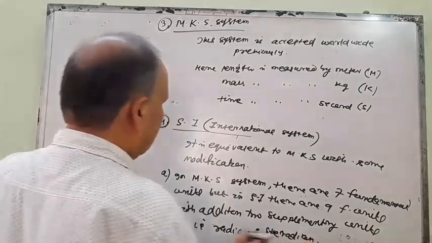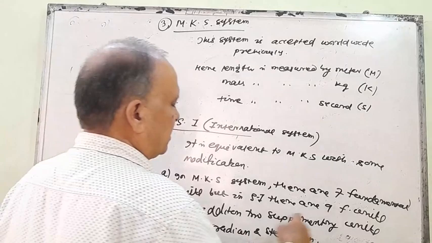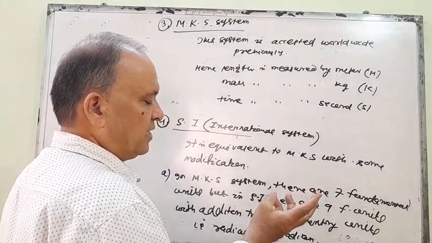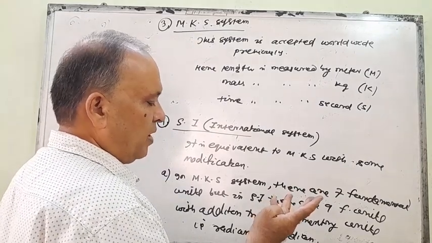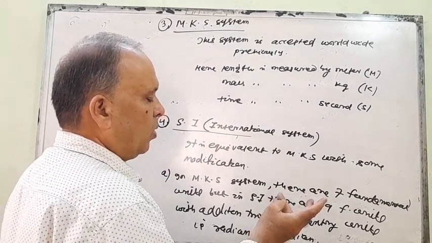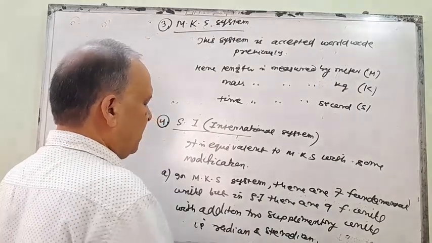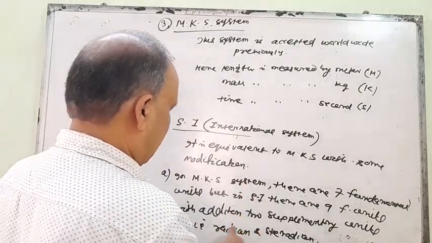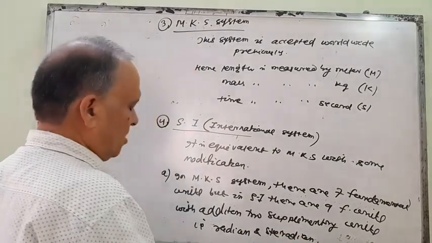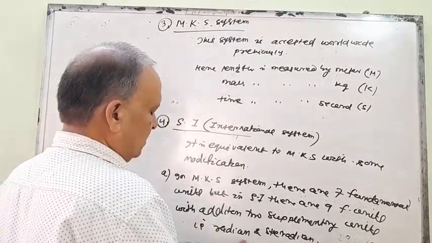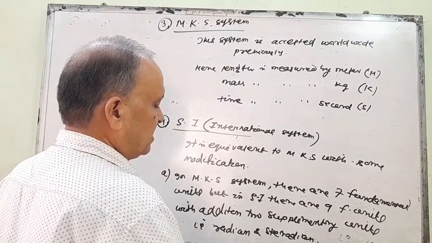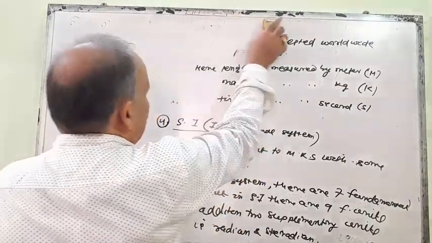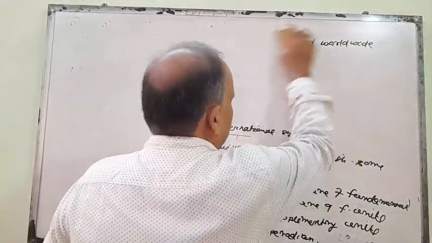In the MKS system there are 7 fundamental units, that is meter, kg, second, Kelvin, ampere, candela, mole. But in SI there are 2 additional supplementary units, radian and steradian. This is the first difference, you remember. MKS is modified to SI.